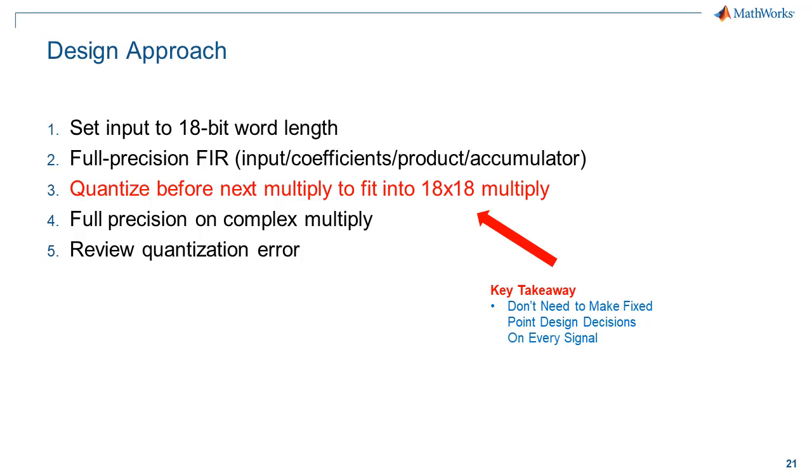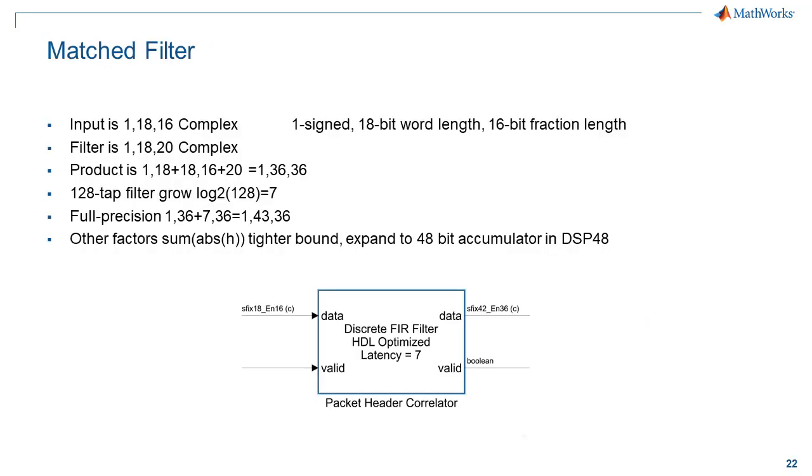We're going to do the FIR filter full precision. We'll talk about why. We're going to quantize the output of that back to an 18-bit number. So that way, when there's the multiplications and the magnitude squared computation, those will still fit naturally into the 18 by 18 multipliers. And then we'll take a look at the quantization error to see if it's along what we would predict based off our earlier theoretical derivations.